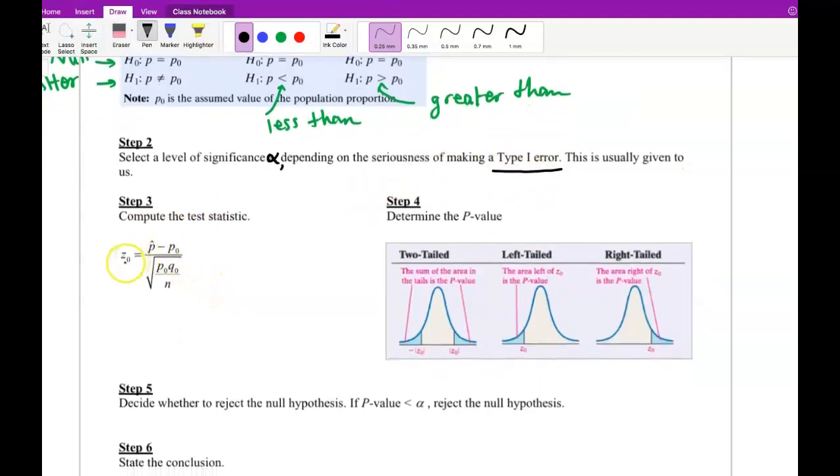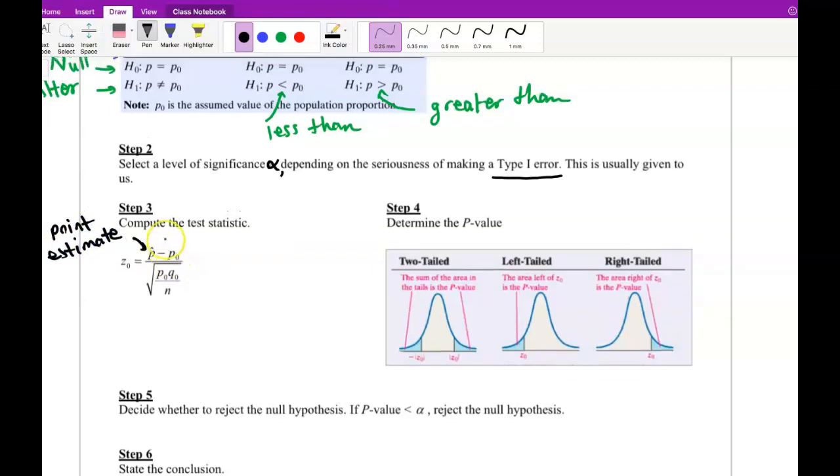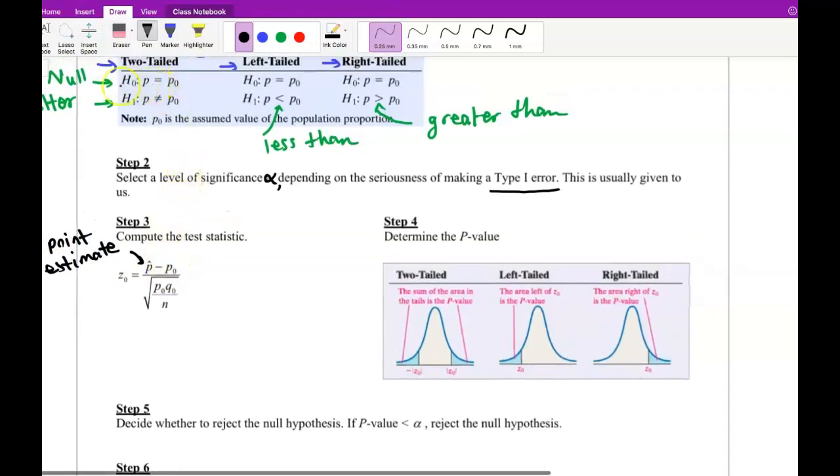And the formula for that is z0 equals the sample proportion, or point estimate, minus what our claim was for the null hypothesis, so minus p0, divided by the square root of p0 times q0 divided by the sample size n. Then step 4, determine what the p-value is.